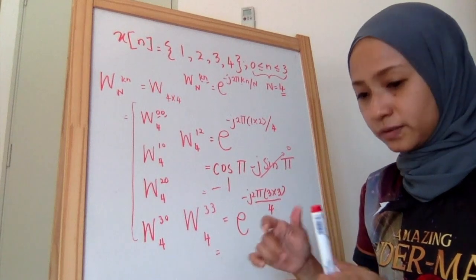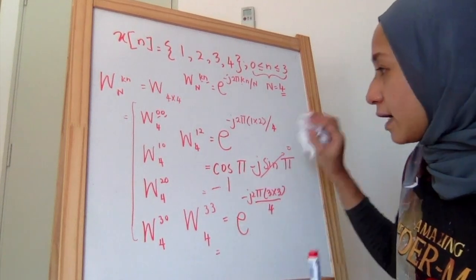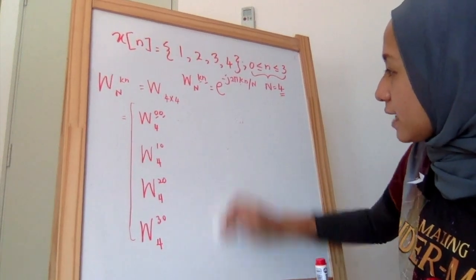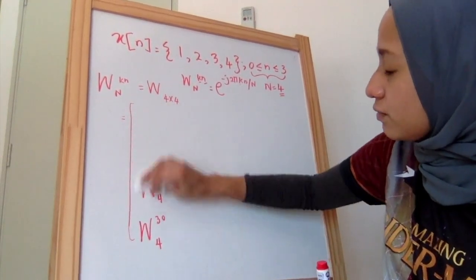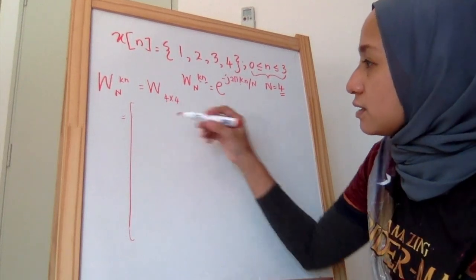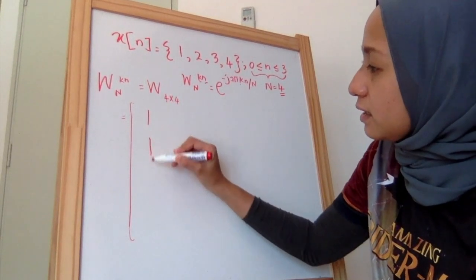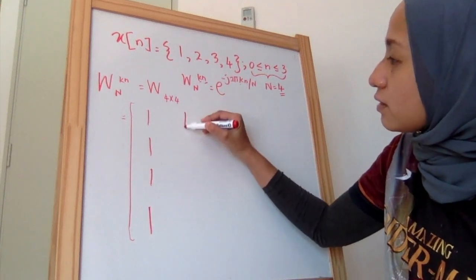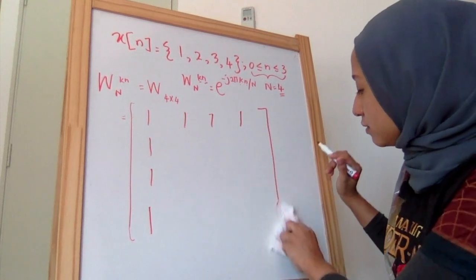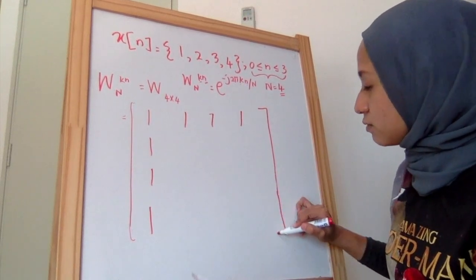Okay, another way around, you don't have to find all the values. For example, this one is from your linear algebra technique. In your linear algebra technique, first row, first column, definitely you know that the value is always 1. Why?